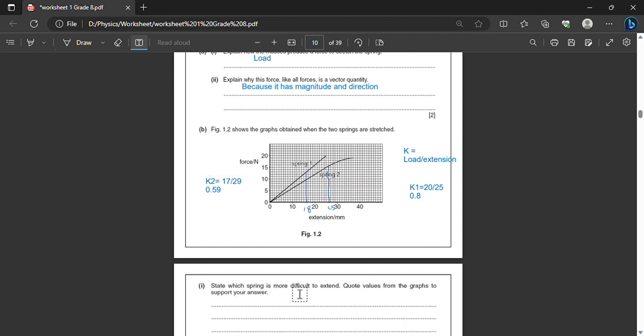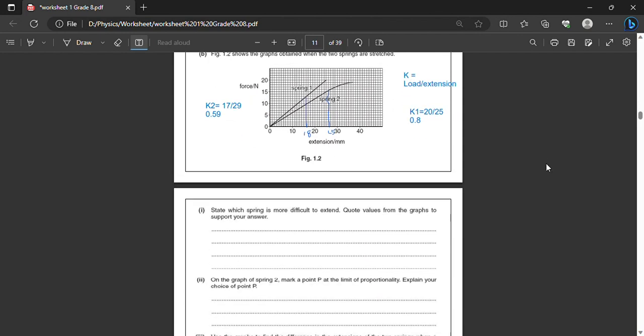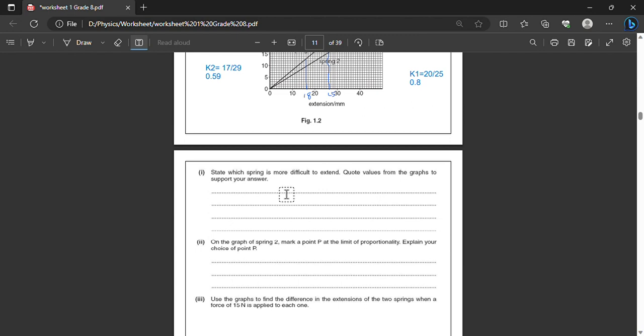They said state which spring is more difficult to stretch or extend. This is easy to understand: the higher the spring constant, the more difficult it is to stretch.